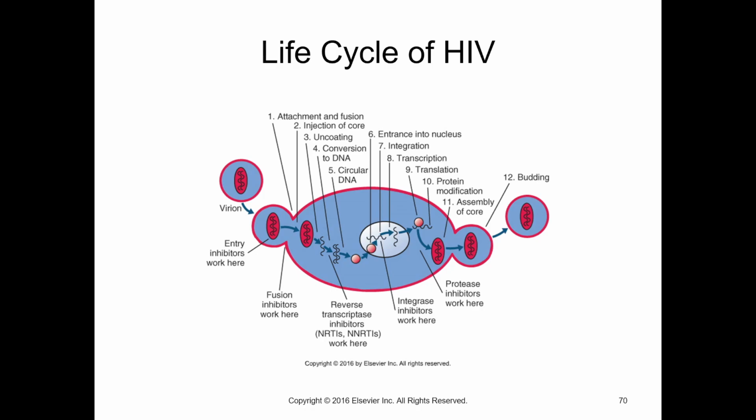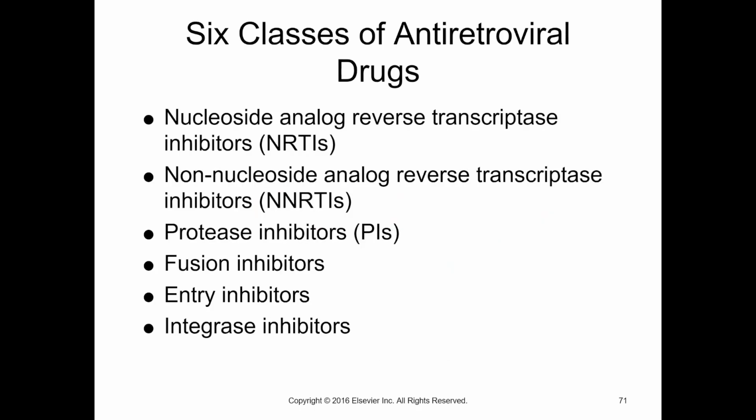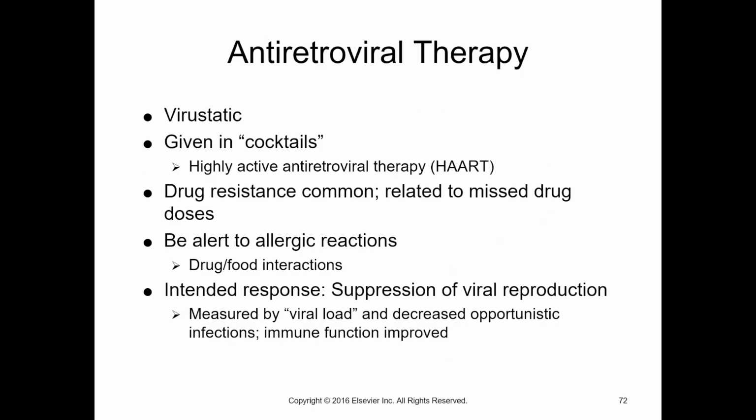So this is the life cycle of HIV. It's broken down to 12 stages here, and there's different classes of retroviral drugs you see along the bottom. These drugs work at different points of the life cycle. So antiretroviral therapies, again, they don't kill the virus. No antivirals do of any kind.